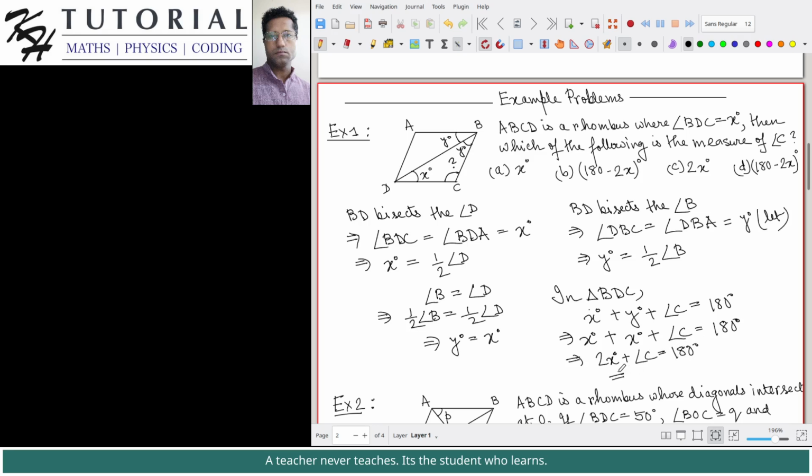So this will imply angle C is equal to 180 degrees minus 2x degrees.